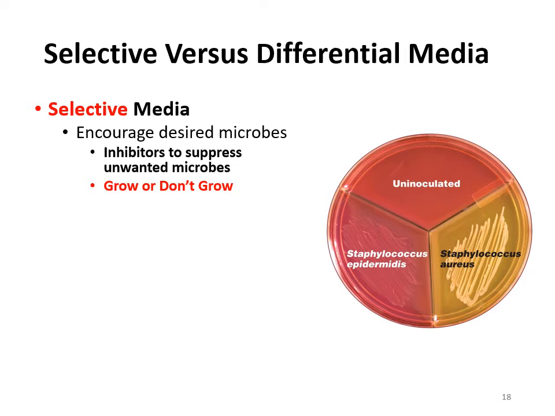The fact that it has salt in it is what makes it selective. So if I ever ask you the selective aspect of an MSA plate, that's the salt, because as you know, only halophiles can grow in high salt.